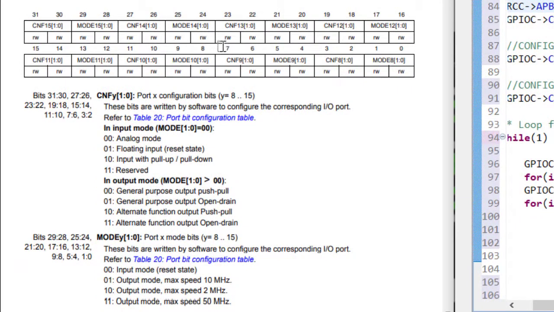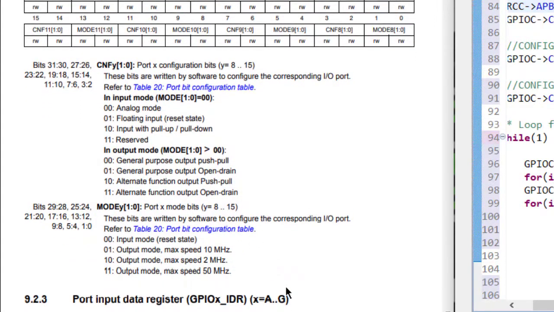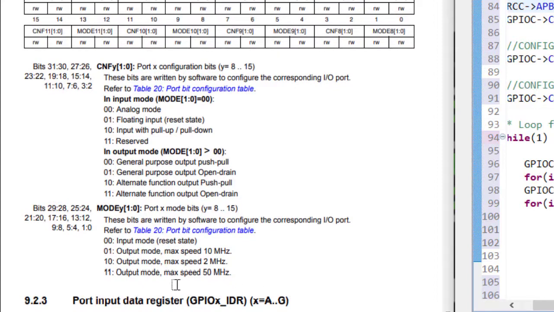Now enabling its mode. There are two parts in it: one is the MODE and the other is the CNF, which is the configuration. In the mode, I signify whether my pin is output or input. Correspondingly, in the configuration, if it is output, it is general purpose push-pull, open drain, alternate function push-pull or alternate function open drain.